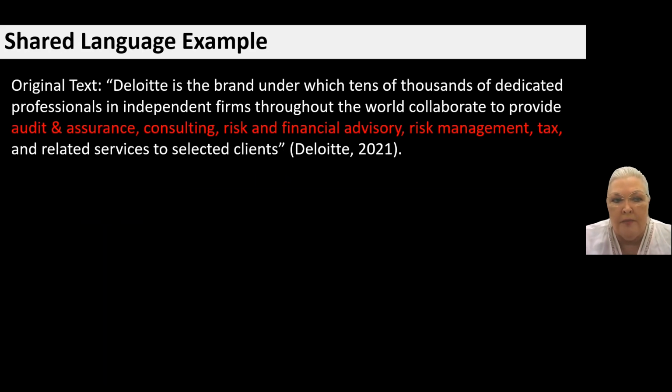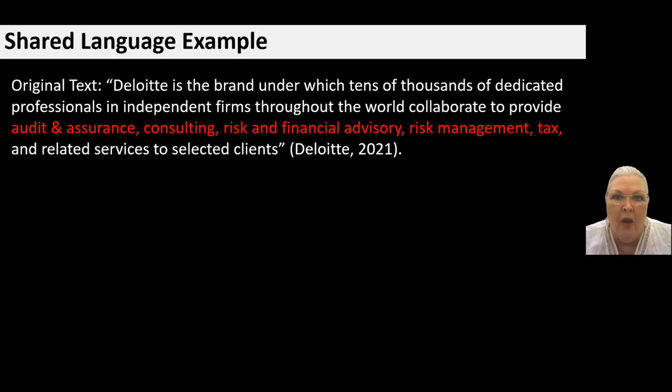So one final note. If I have a lot of shared words together, kind of in a string, maybe 3 or more, even though they're shared words, as you can see here in red, these would be words that are common to the finance or accounting industry.